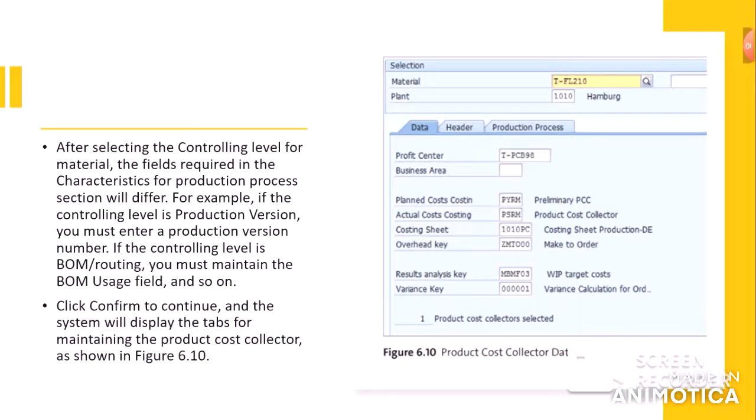So here we can see the fields which are available in the product cost collector data tab: profit center, actual cost, planned costs, costing sheet, overhead key, result analysis keys, variance key.